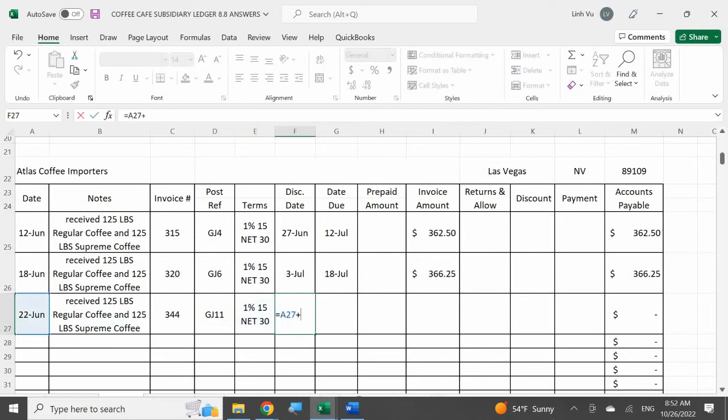We do have a discount date, since it's within 15 days. If I pay within 15 days, what's the last day I can pay?